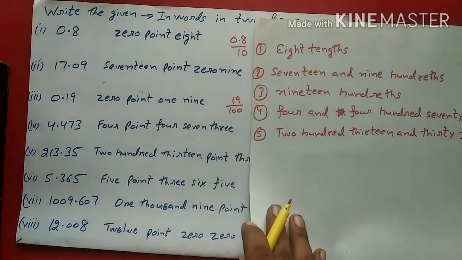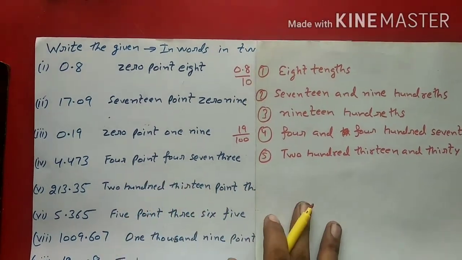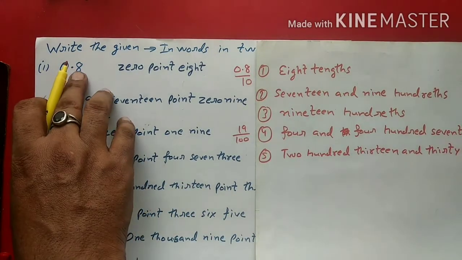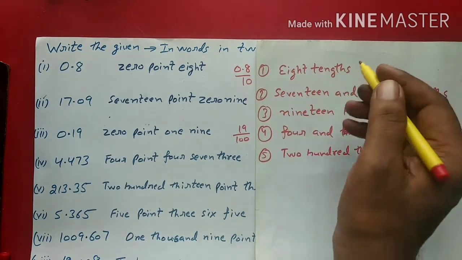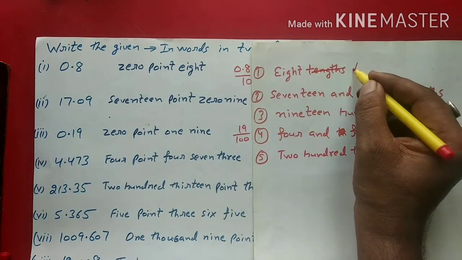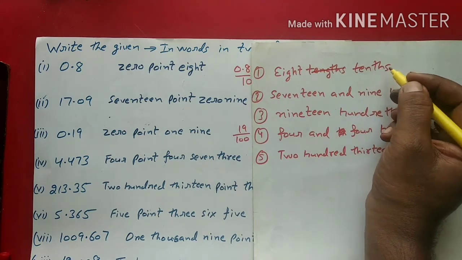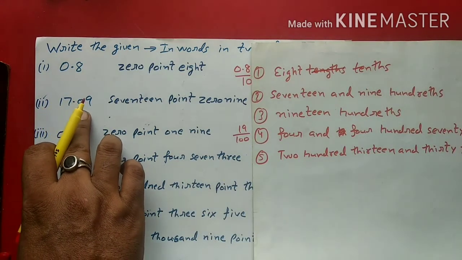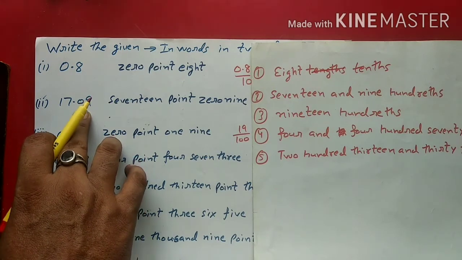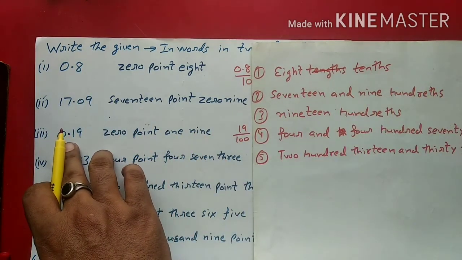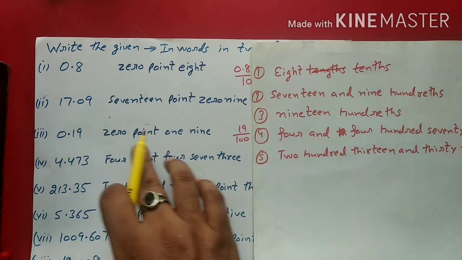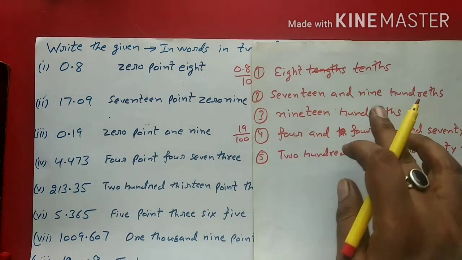Okay student, now I can revise in this way. You see only one digit is there, so I will write 8 tenths. Now here 2 digits are there, therefore I will write 9 hundredths. And here 2 digits, therefore I will write 19 hundredths.